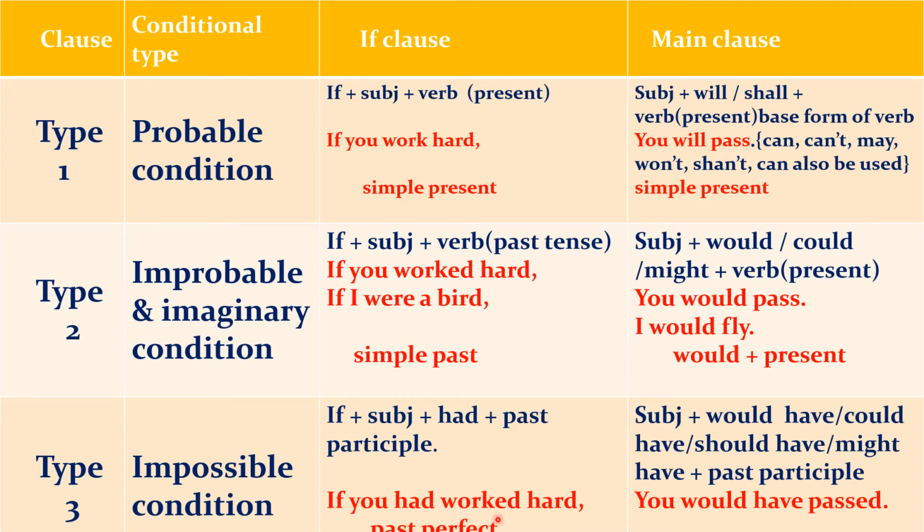But we must be cautious when we use this third type. If we see had, we must be very cautious in using the verb. After had, if there is a past participle, we can use would have.